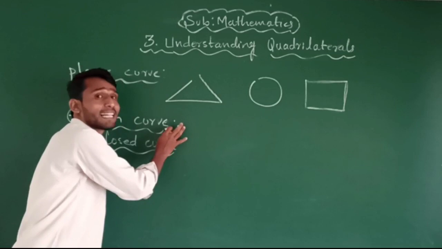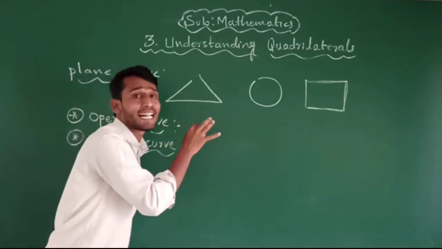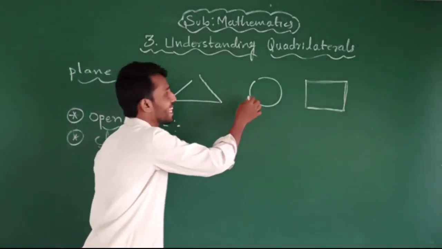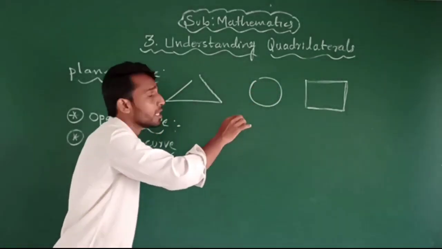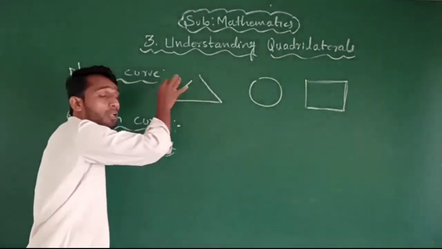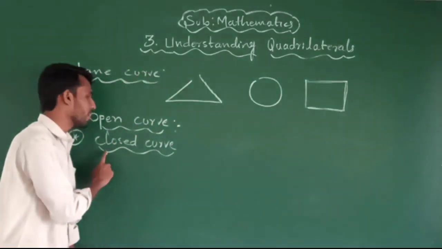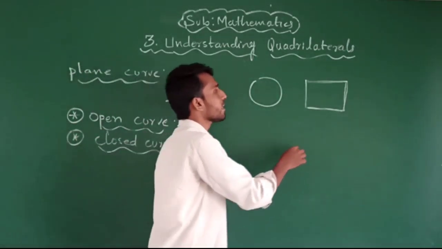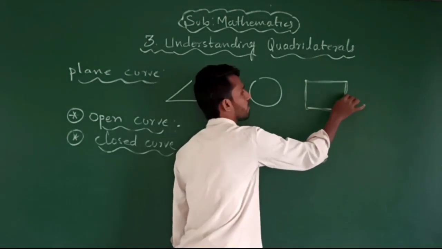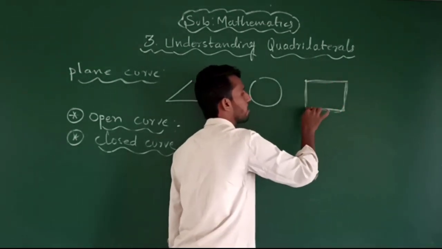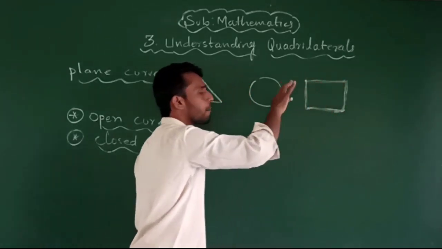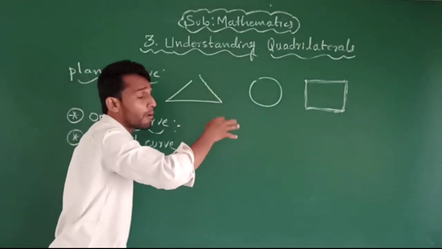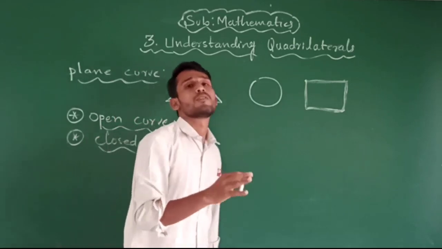This type of curve we will call open curve. Next, here also we have one side open. This type of curve we will call open curve. Next, second one is closed curve. Here it is completely closed. See, four sides you observe here. This is completely closed. This type of curve we will call closed curve.